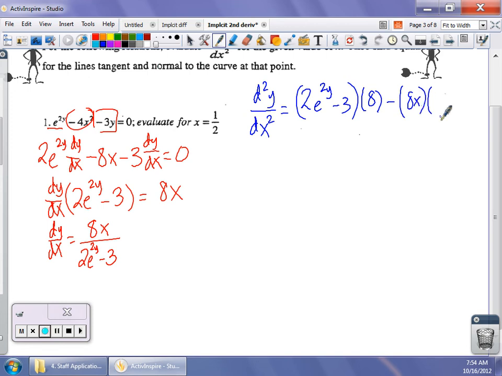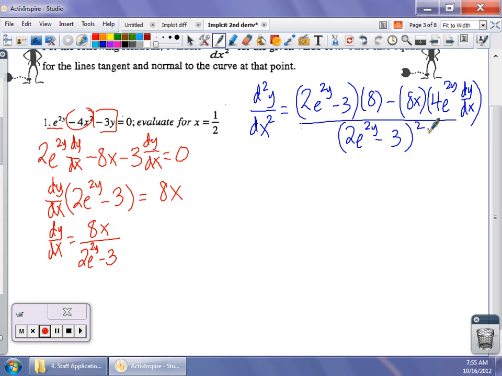D down, the derivative of 2e^(2y) is 4e^(2y) dy/dx. Don't forget to leave your dy/dx in the y term. So I did down d up minus up d down over down, 2e^(2y) minus 3 squared.